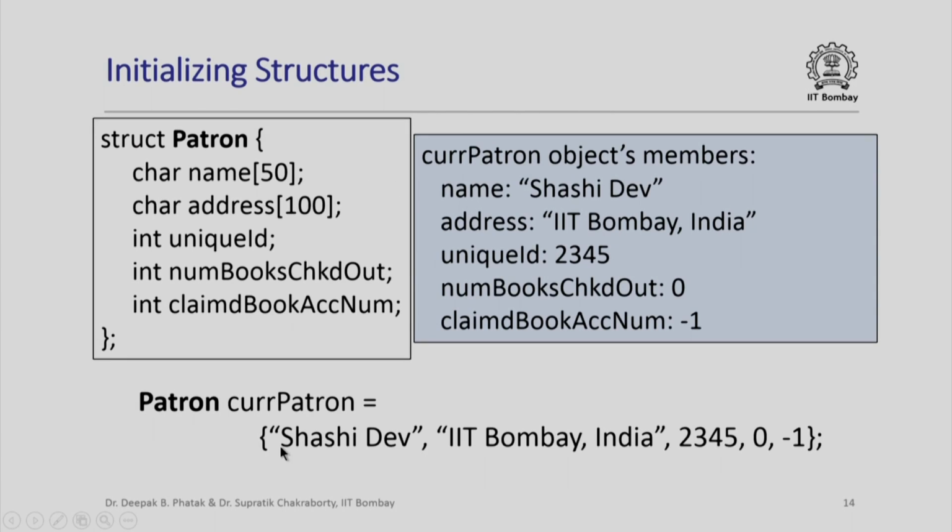So after this initialization, the member named name will be initialized to Shashi Dev, the member named address will be initialized to IIT Bombay, India, the member named unique ID will be initialized to 2345, the member named num books checked out will be initialized to 0, and the member named claimed book accession number will be initialized to -1. Once again, the order in which these initialization values will be taken is exactly the same as the order in which the members are declared in the definition of the structure pattern.